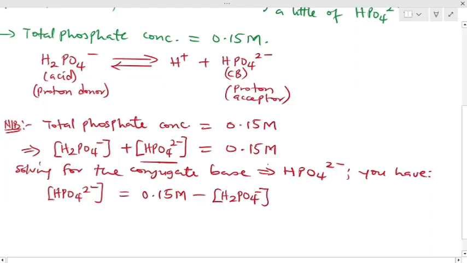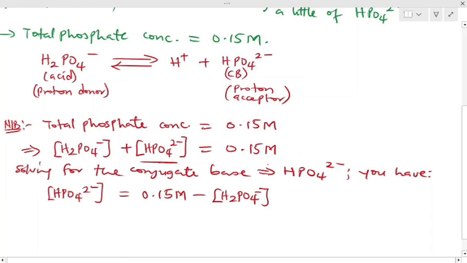All right. So next, we're going to go ahead and write down the Henderson-Hasselbalch equation for this reaction, and that will help us solve the problem.